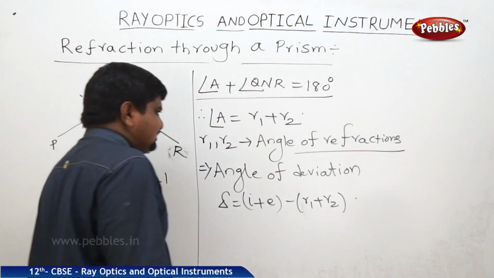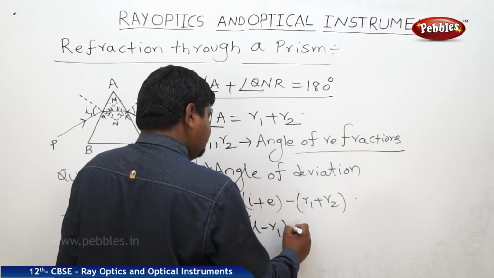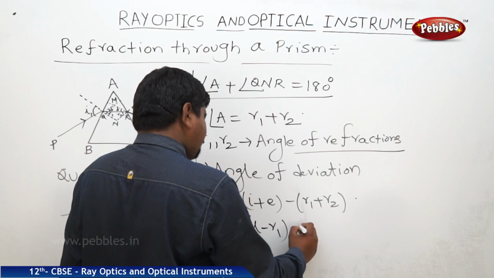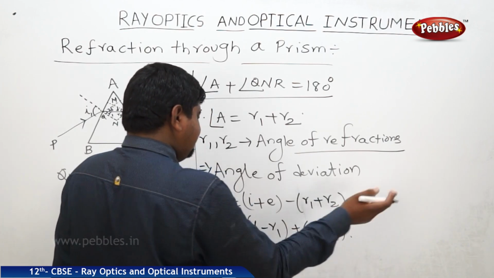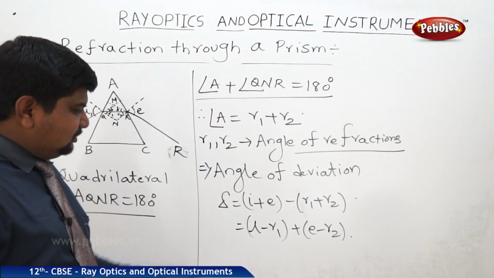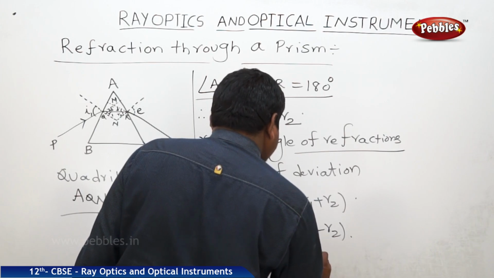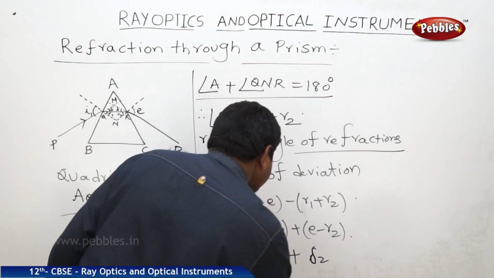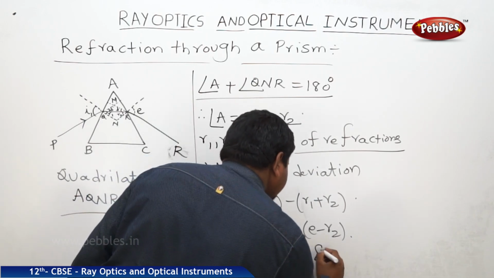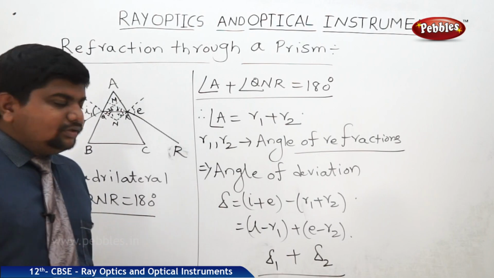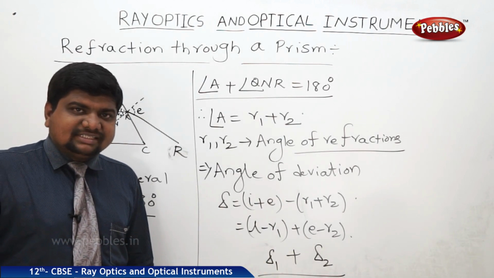So in this case it is I minus R1 plus E minus R2. So I plus E minus of R1 plus R2. This is called delta 1 and this is called delta 2. So delta is equal to delta 1 plus delta 2. We got the equation I plus E minus of R1 plus R2.